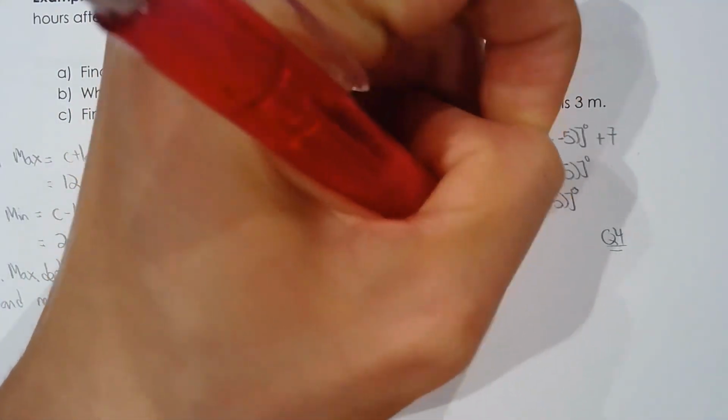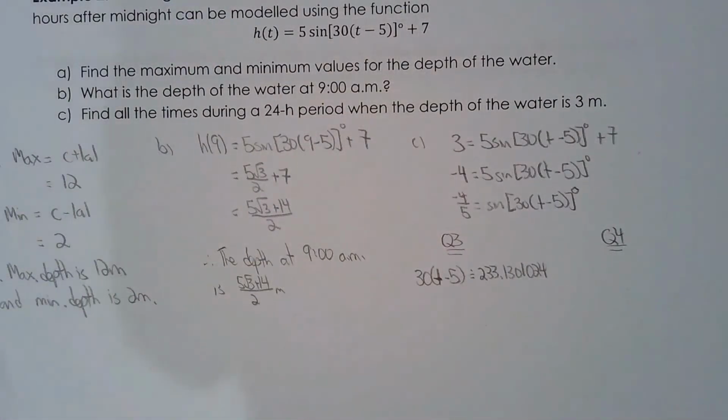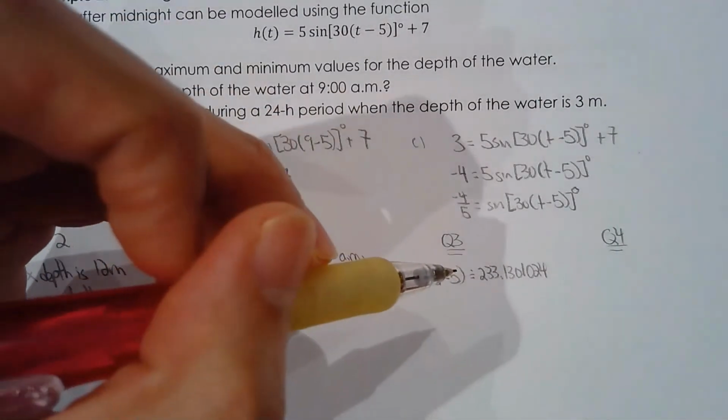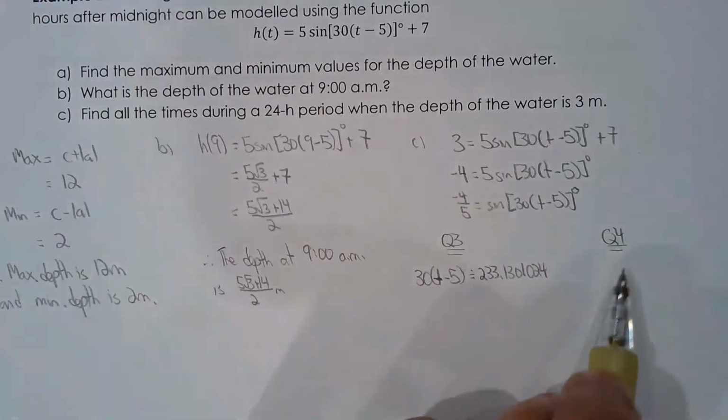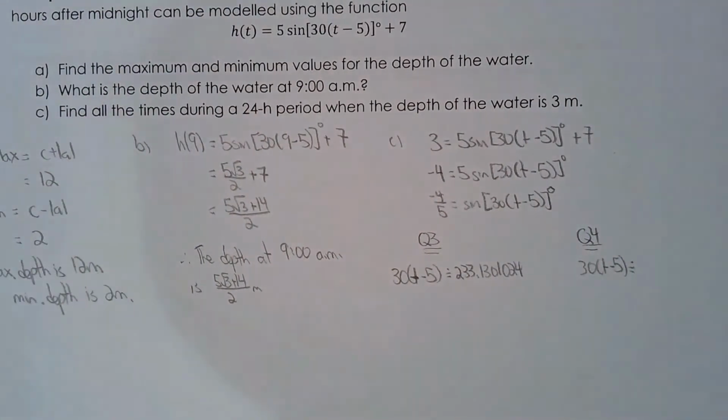So 30 times (t minus 5) is approximately equal to 306.8698. Let's not do too many, because I need the space actually.